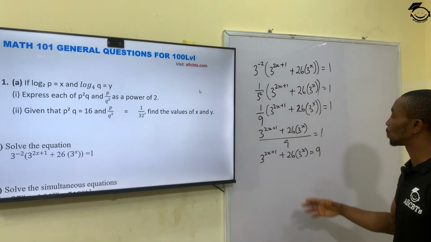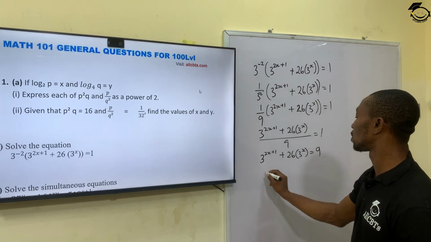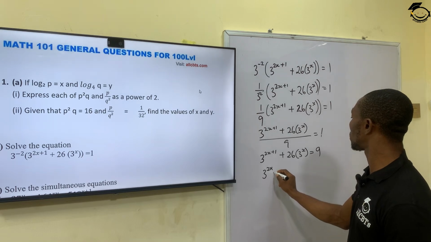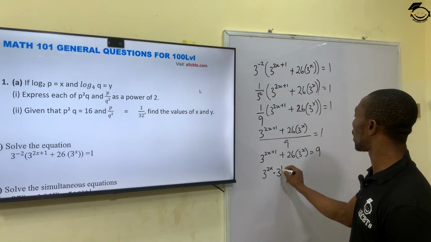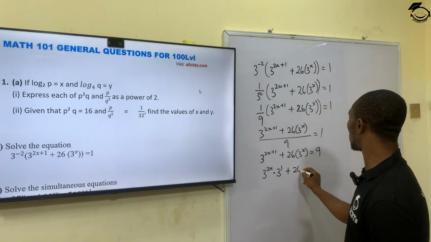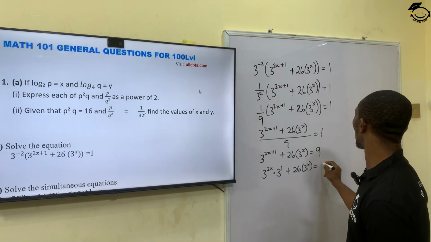Now at this point, expanding this will give us 3 raised to the power 2x times 3 raised to the power 1, plus 26 times 3 raised to the power x equals 9.